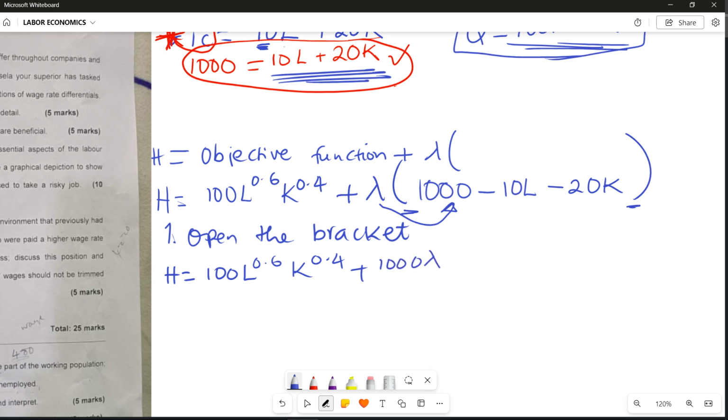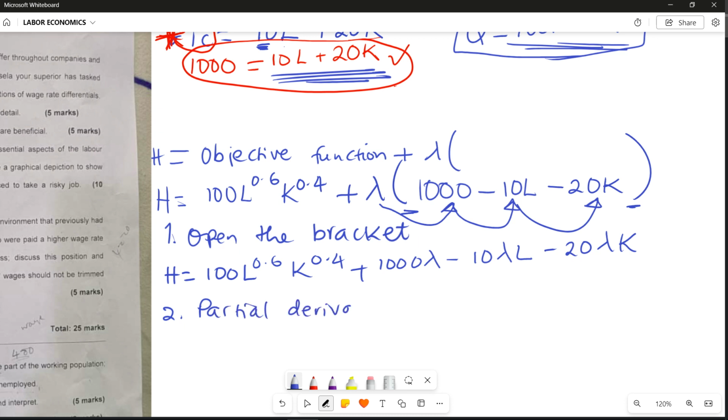Then we'll multiply the same lambda times minus 10L, which will become minus 10 lambda L. Then the same lambda times minus 20K, which will become minus 20 lambda K. So we've opened the brackets. The second step is to get what we'll call partial derivatives.